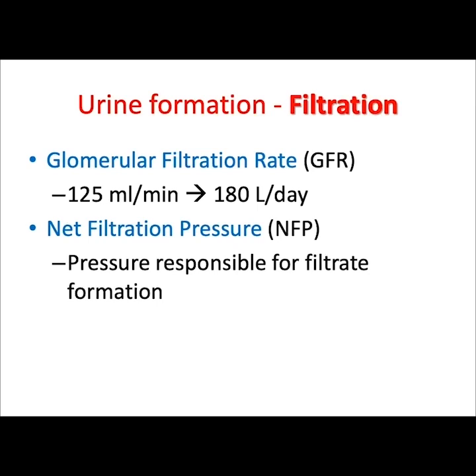Increasing the net filtration pressure, or the glomerular blood pressure, will increase the GFR, and the opposite is true. In the next few slides, we're going to look at how you're going to maintain the GFR at 125 mL per minute. In other words, how will you maintain homeostasis?